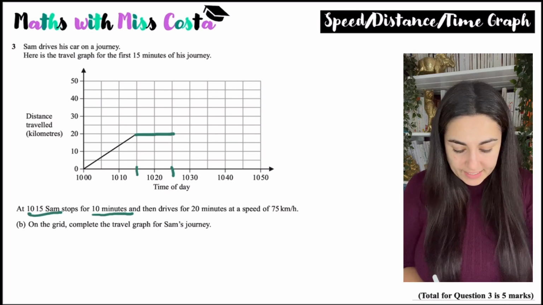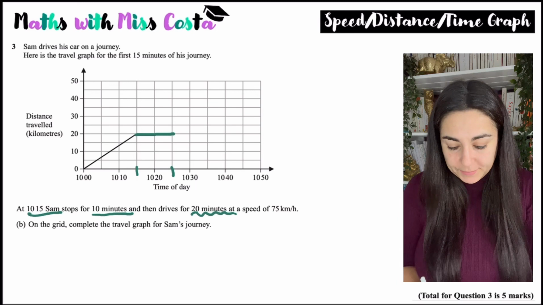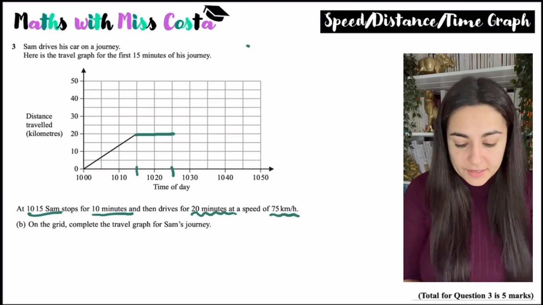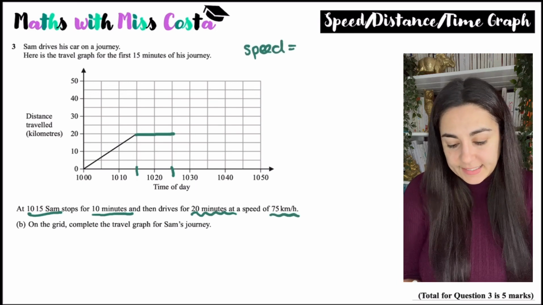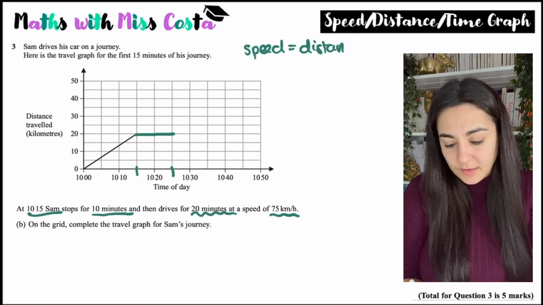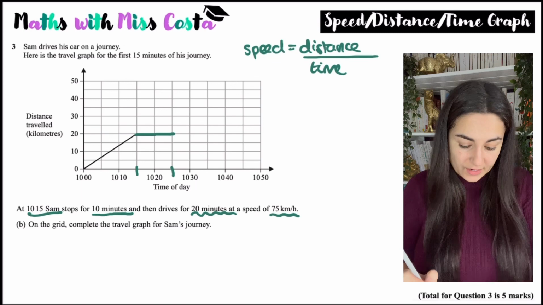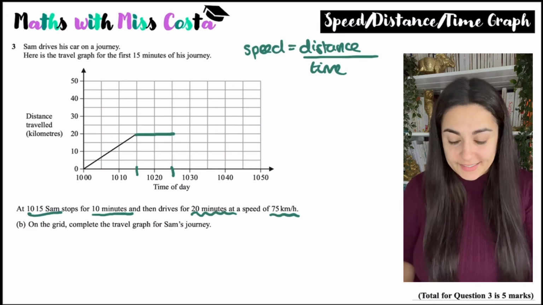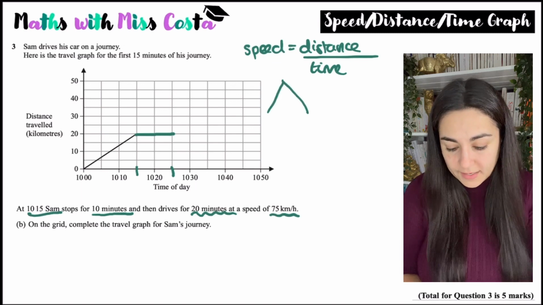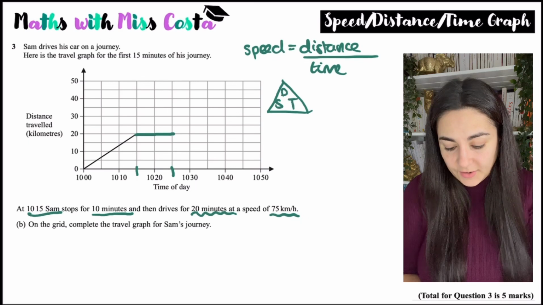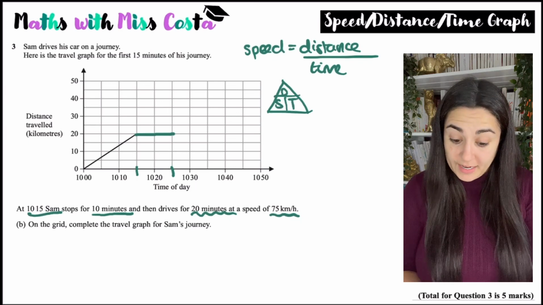Then it tells me that he drives for 20 minutes at a speed of 75 kilometers per hour. So remember, speed is distance over time. And in this case, I know the speed, I know the time, so I'm trying to work out the distance. So I can just rearrange that formula. So speed, distance, and time. I'm trying to work out the distance.